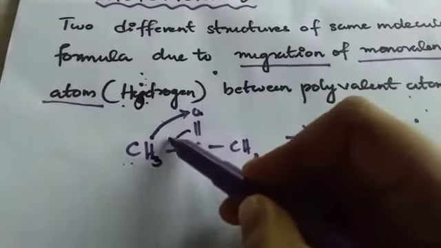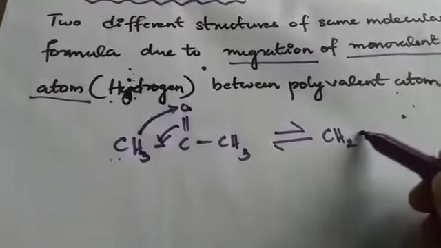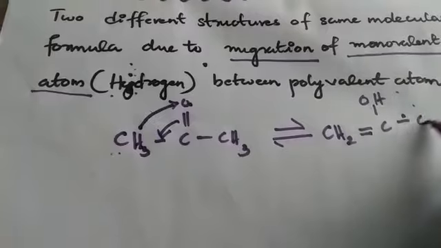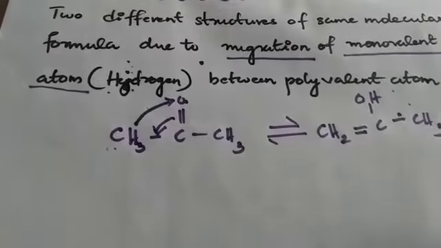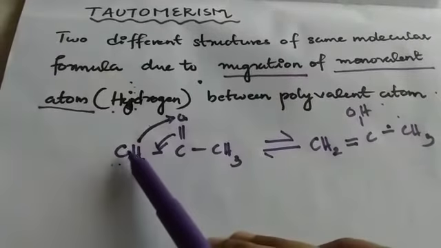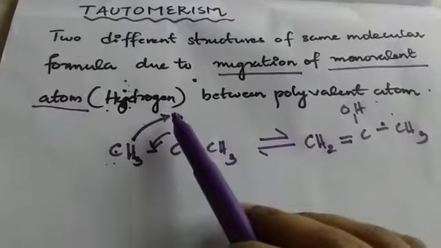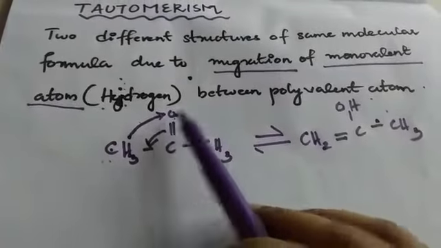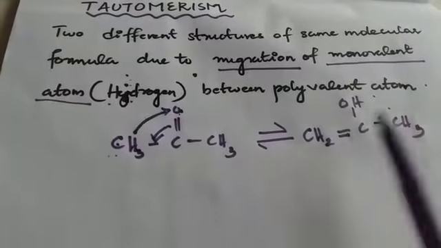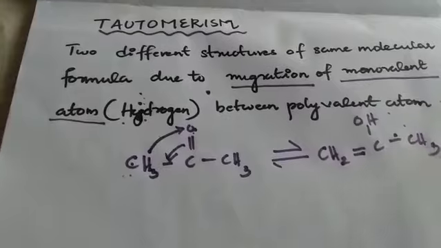Then the bond shifts and forms the compound CH2 double bond C-OH, CH3. Here the hydrogen migrates and forms a compound of the same molecular formula. So this is known as tautomerism.